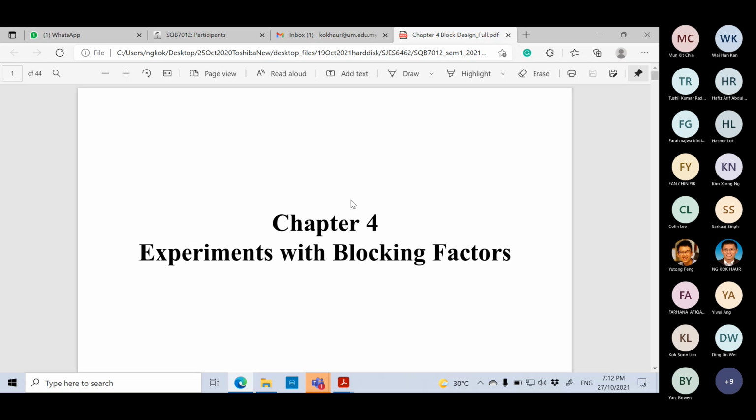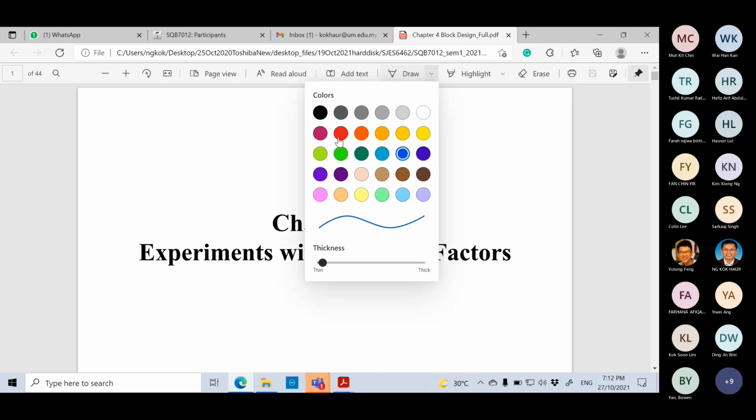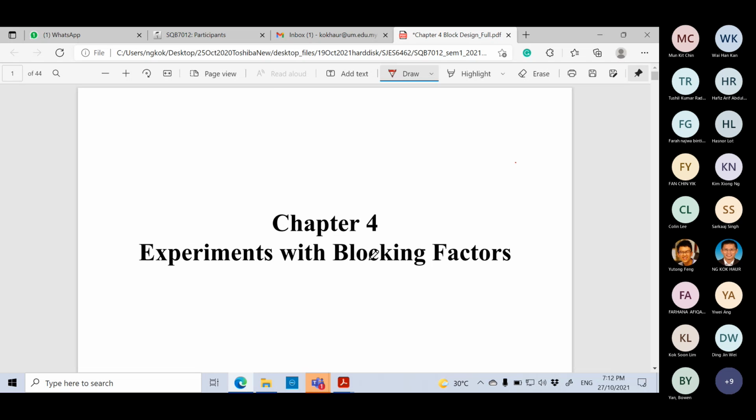Now in chapter 4, I will introduce what is meant by blocking factors. Instead of a single factor, you have another thing called the blocking factor. So what is a blocking factor?